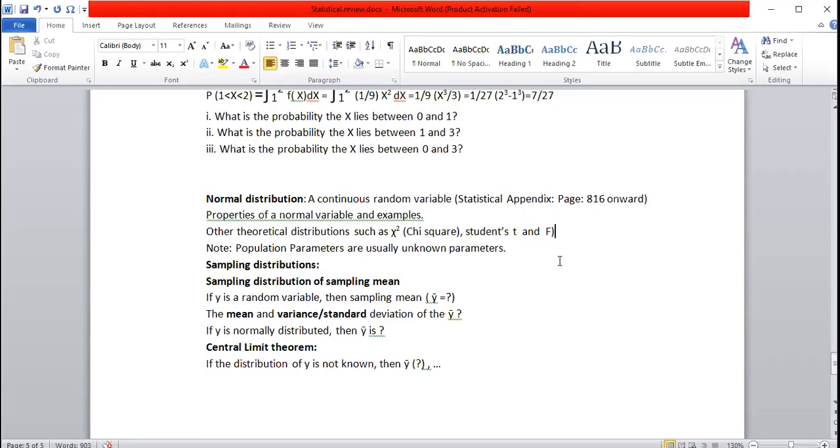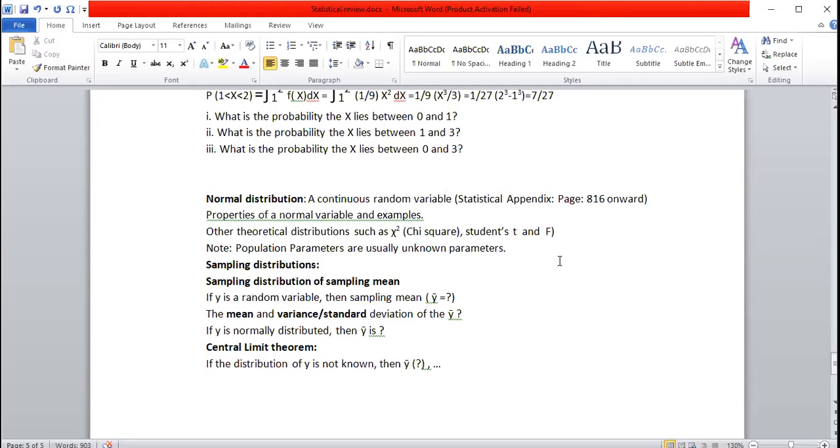Now the most important thing: why statistics is such an important discipline, and why most disciplines use statistics.